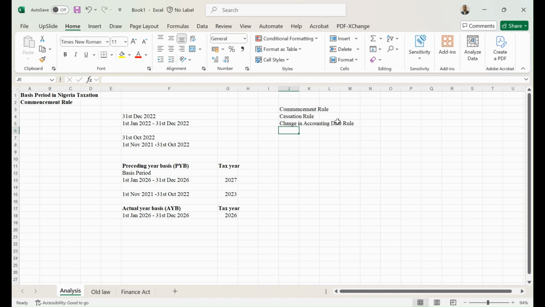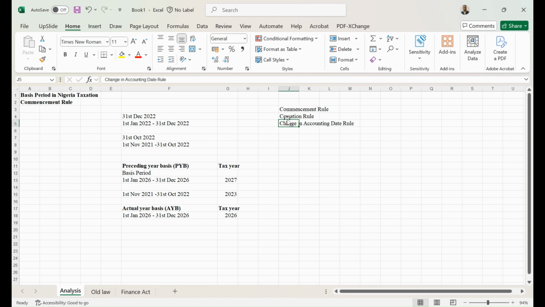Now for commencement and cessation, there is an old law that we use in solving them before the introduction of Finance Act 2019. Finance Act 2019 has changed the modalities or the method upon which we solve commencement rule and cessation rule. But change in accounting dates is not impacted by the Finance Act.